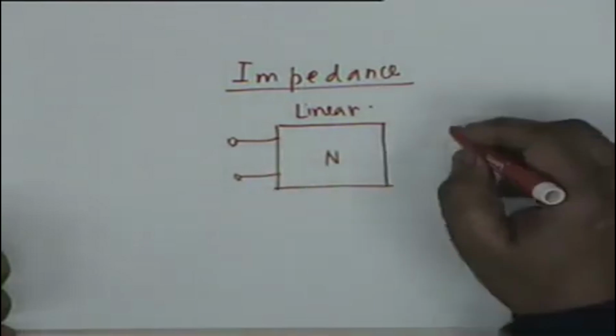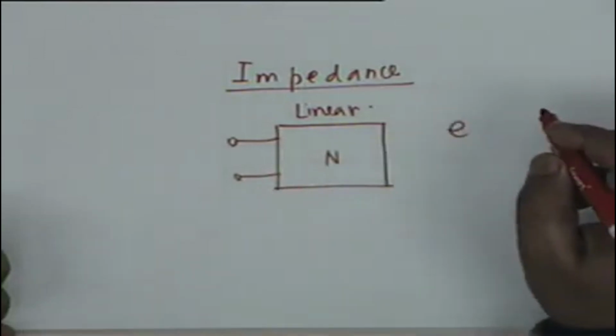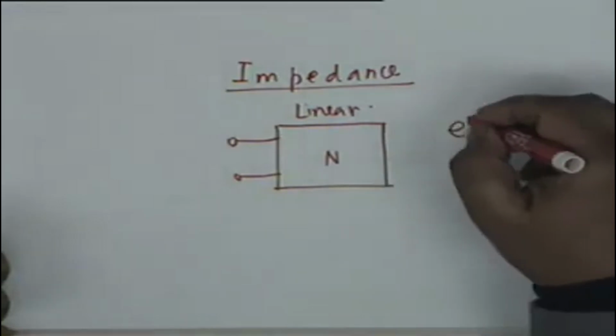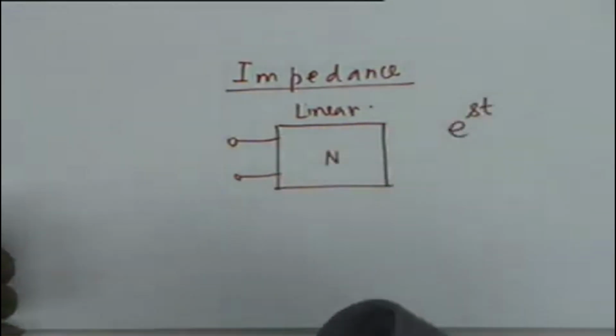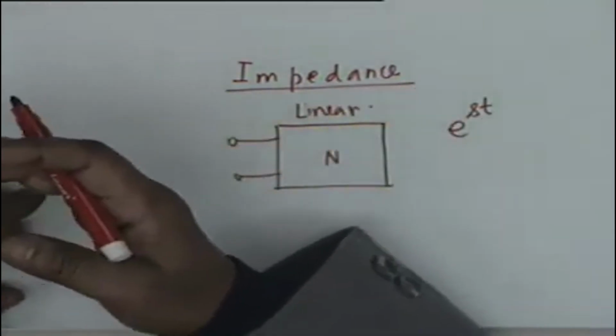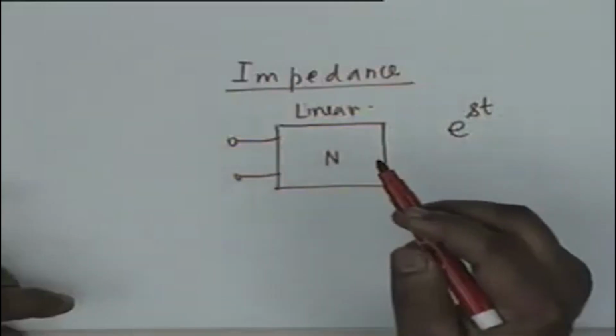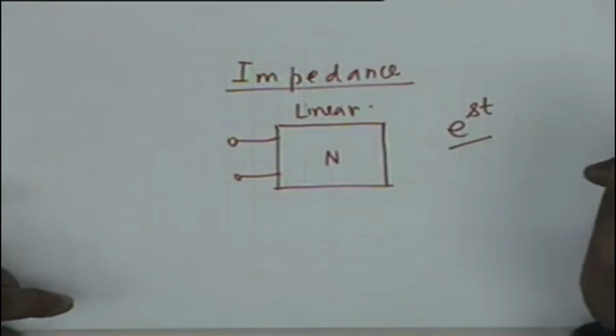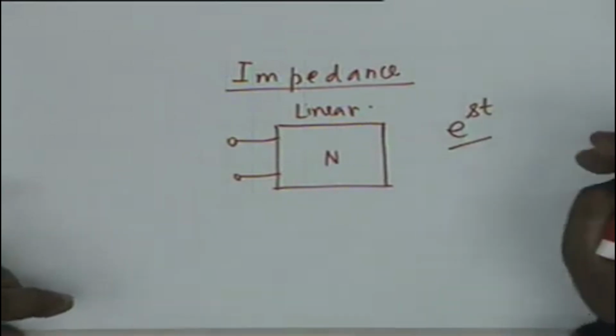Now, if your excitation, either a current generator or a voltage generator, is of the form e to the st, and this network is a linear network, containing resistance, capacitance and inductance, then the differential coefficient of e to the st is also of the form e to the st, s times e to the st. The integral of e to the st is also of the form e to the st. So if you apply a voltage generator here which is of the form e to the st, the current shall also be of the form e to the st.